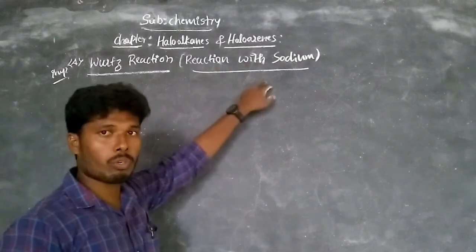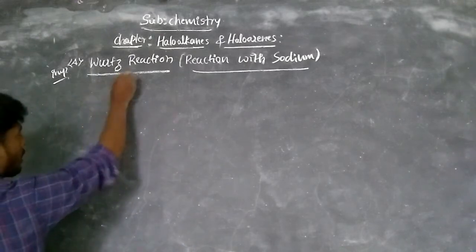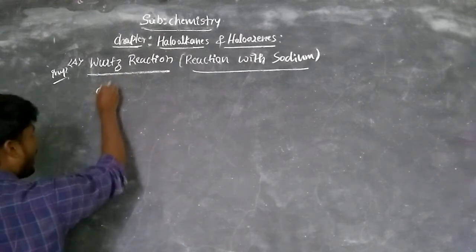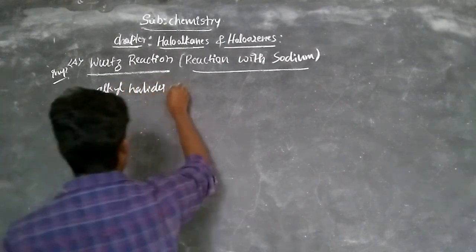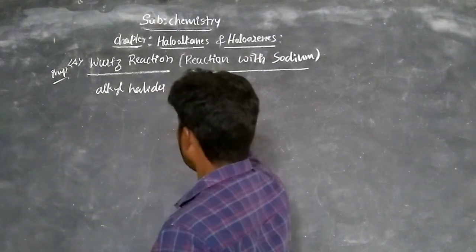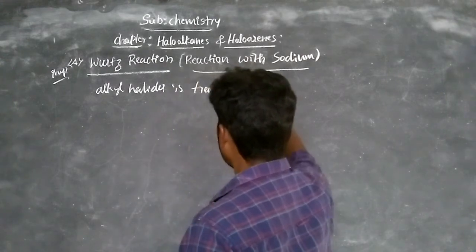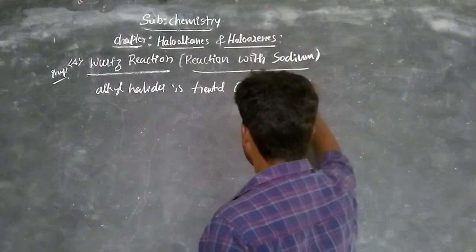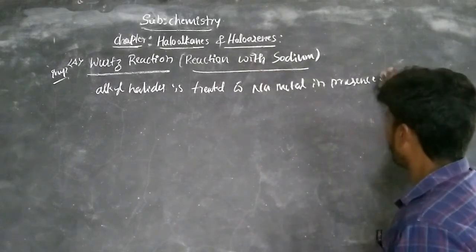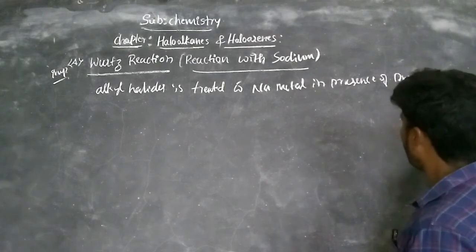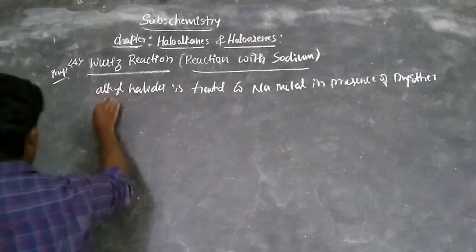Here reaction with sodium is called Wurtz reaction. Most important. According to Wurtz reaction, alkyl halides are heated with sodium metal in presence of dry ether, and higher alkanes are formed.